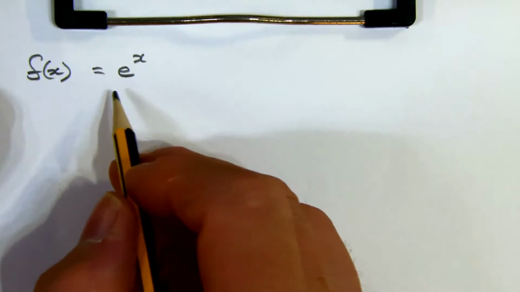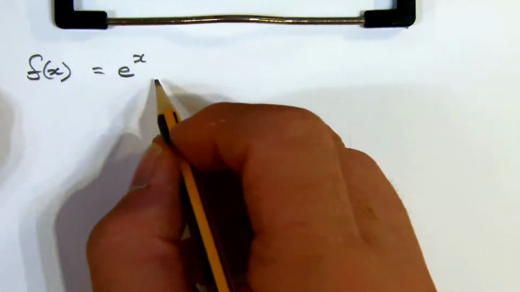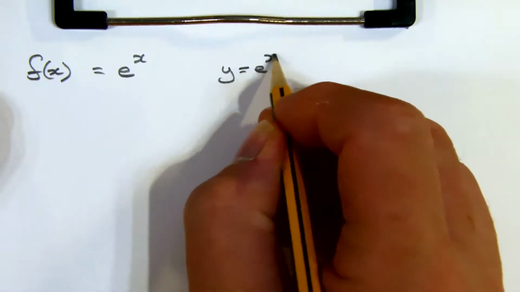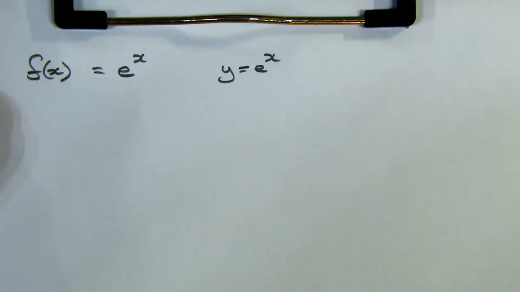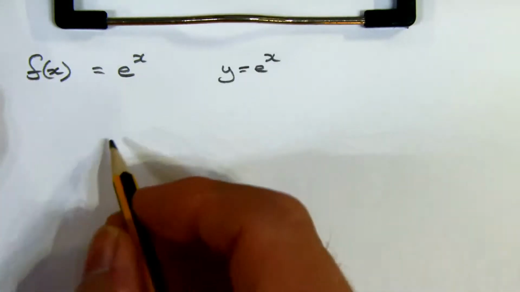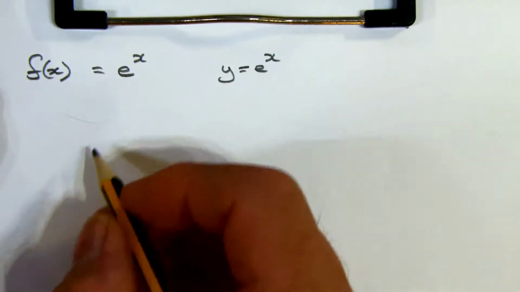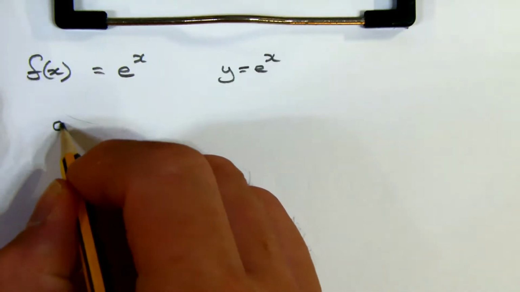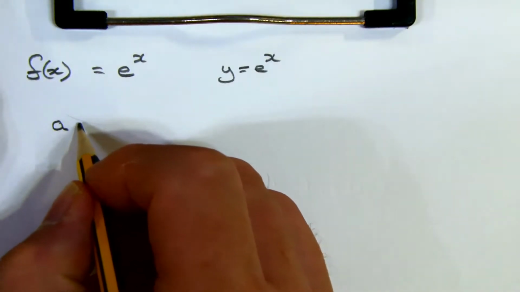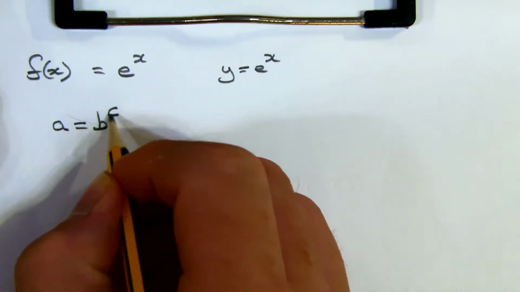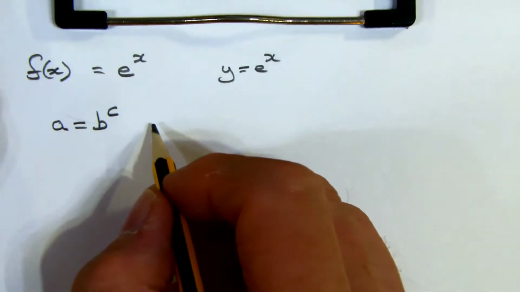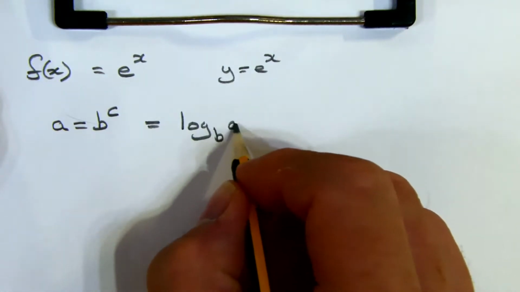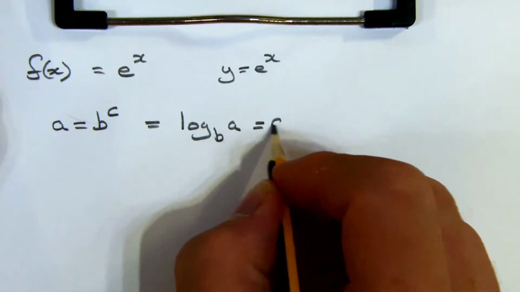To try and differentiate this function, which I could write as y equals e to the x, because we know of our different ways of writing logarithms, we know that a equals, if you like, b to the power of c.